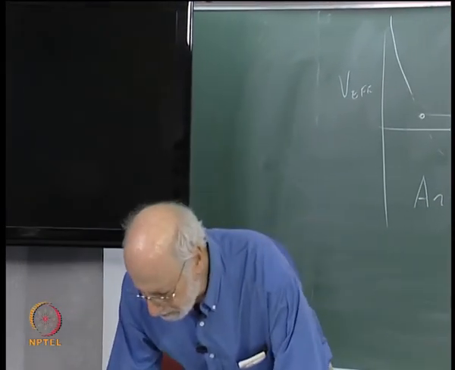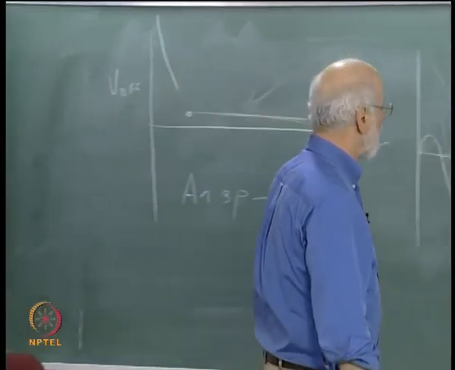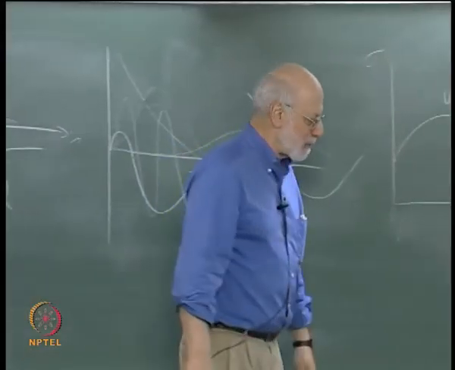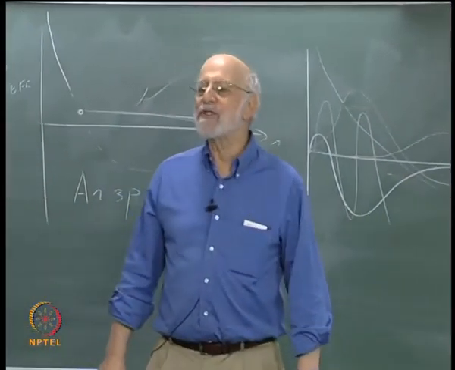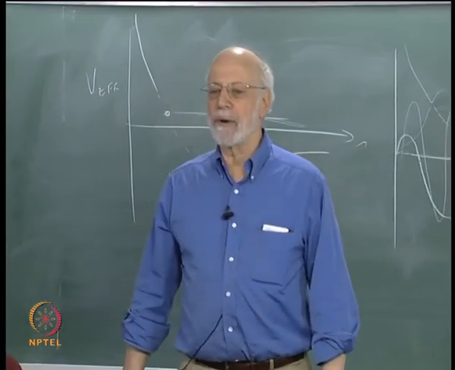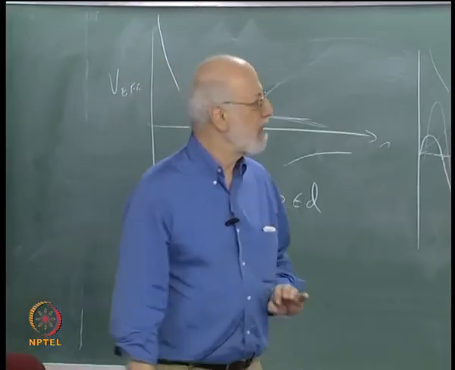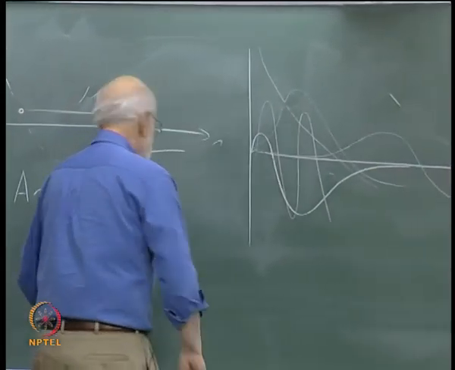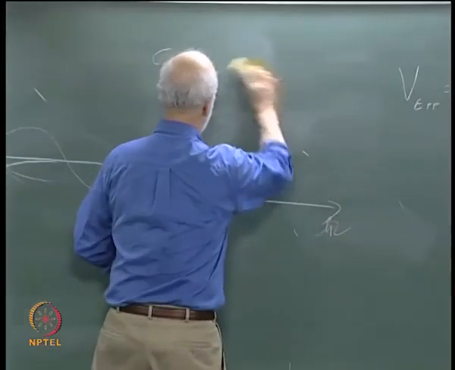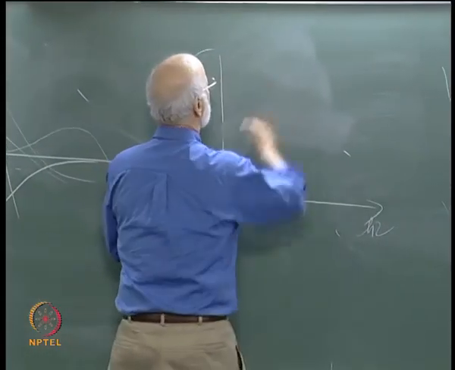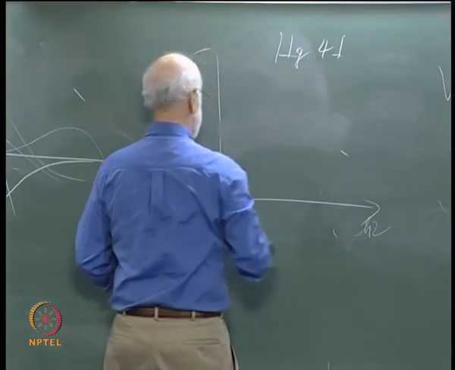You can have much more dramatic cases. A really dramatic case is the 4F state of mercury, because the main transition is 4F to G. And in that case, the cross-section looks something like this. This is then Hg, 4F.